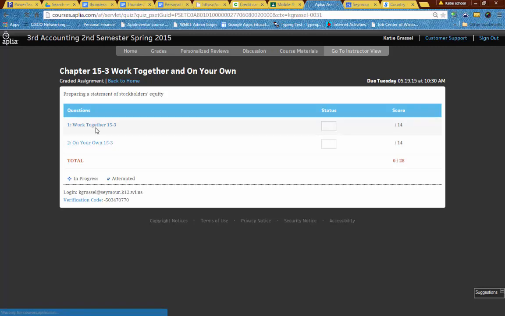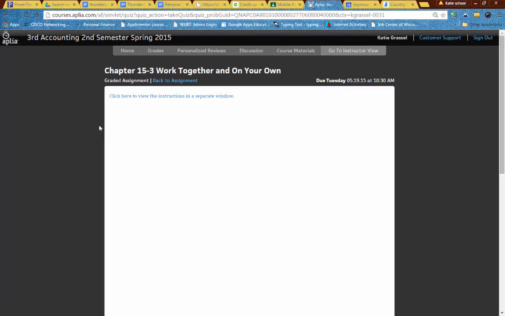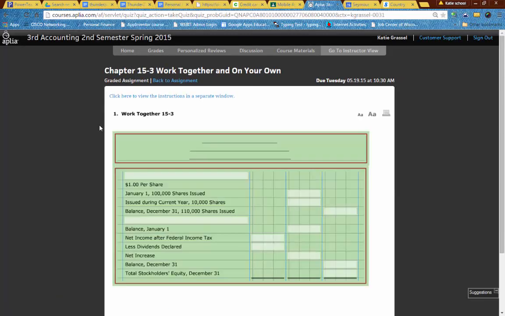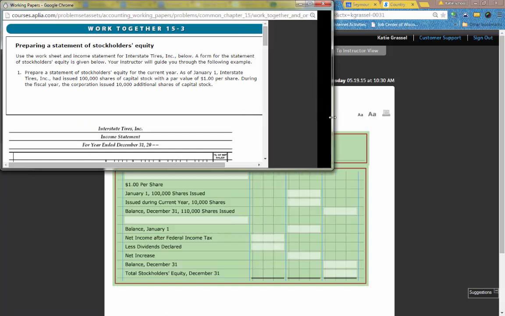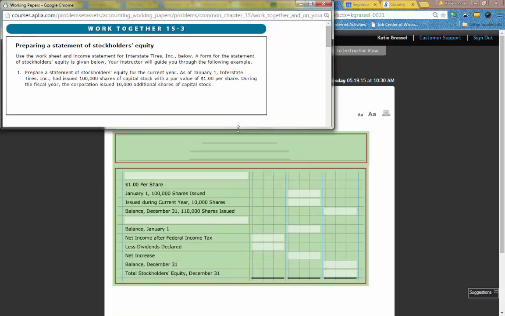Okay, so we have switched from a sole proprietorship to a corporation. And in order to do a corporation, we have to go through and take a look at my statement of stockholders' equity, because that's who gets the profit of a business. Okay? So when we prepare a statement of stockholders' equity, we have two sections, and it's important that you understand these two sections.